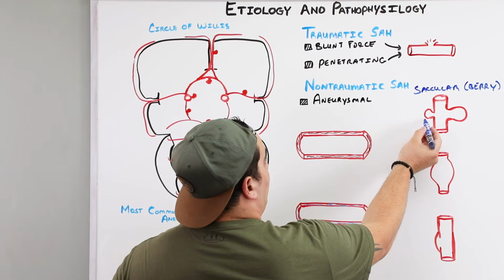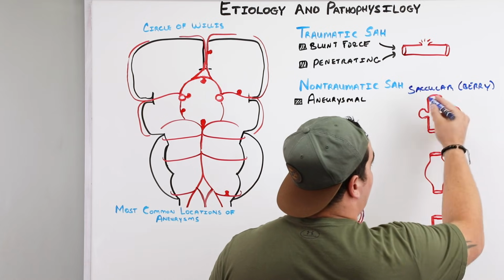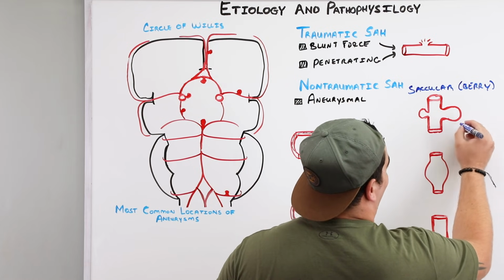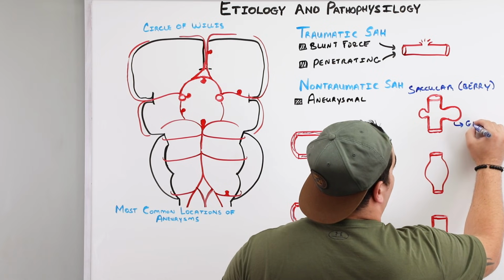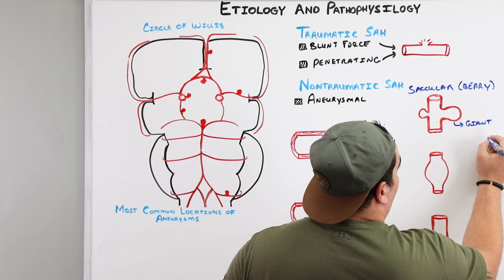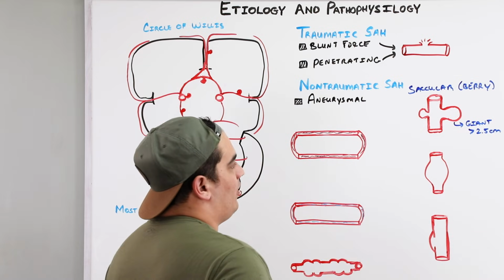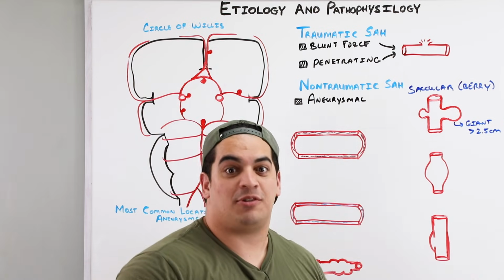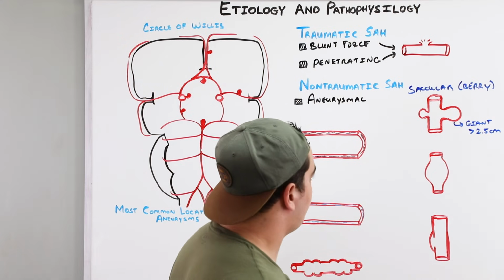Sometimes we call them giant saccular or berry aneurysms. We just like to add on to it. We add on the term giant saccular aneurysm whenever it's greater than 2.5 centimeters.